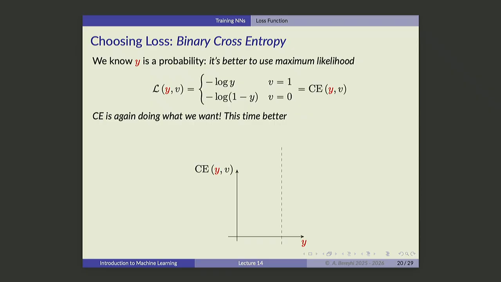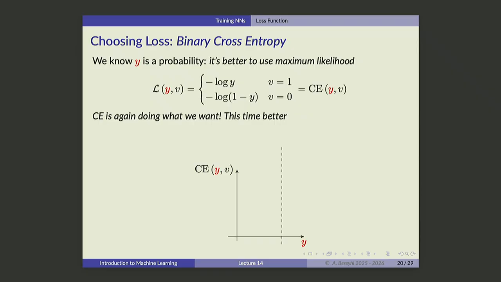People in the computational domain usually do not immediately talk about maximum likelihood. What they would say is, okay, the previous loss that I showed you works fine. This loss also works fine because obviously when y is exactly the same as the label, if y equals 1 in the first line, the loss is going to be 0.